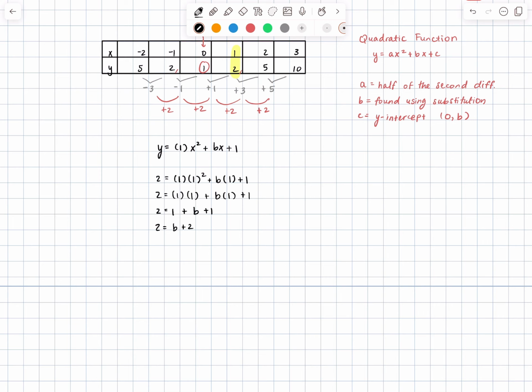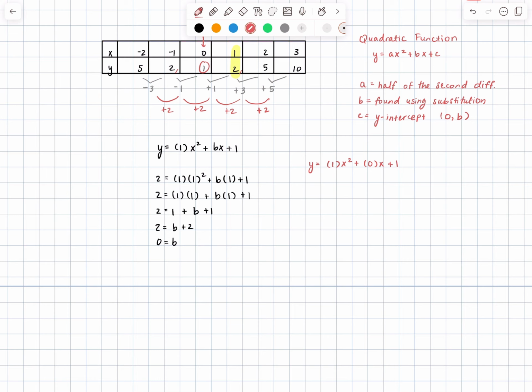And then I subtract 2 on both sides and I get 0 equals b. So my b value is 0. And remember, 0 times any number is 0. So my new equation would be y equals 1 times x squared plus 0 times x plus 1.